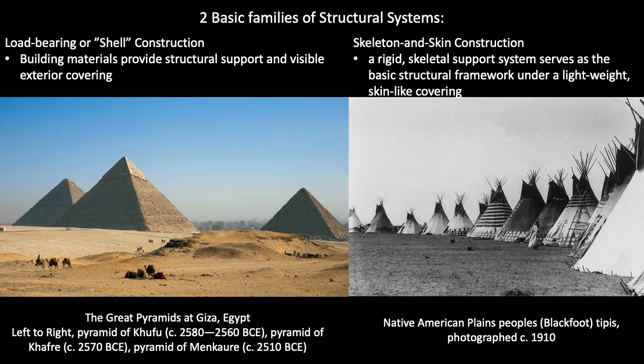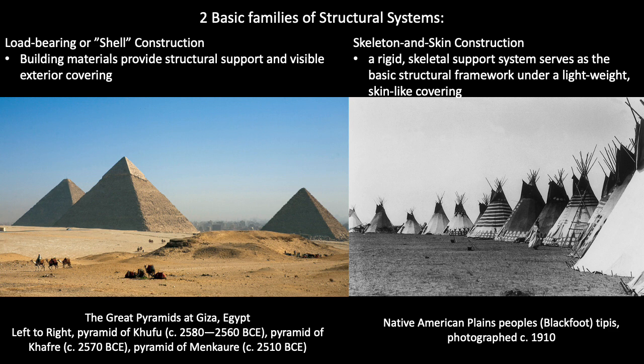The other main family of construction systems is generally referred to as skeleton and skin construction because the structure, much like the human body, consists of a rigid skeletal support system that serves as the basic framework, with a lighter weight, often more visually appealing skin that serves as the covering.